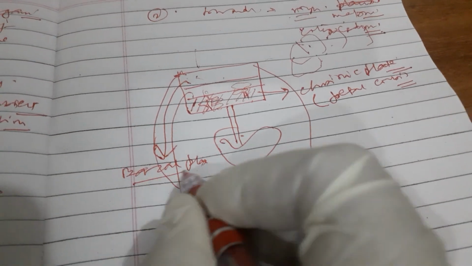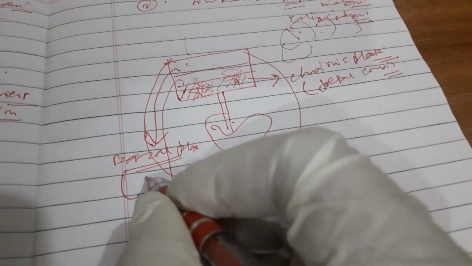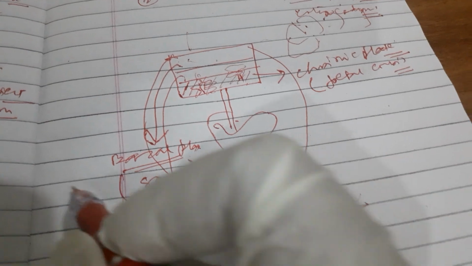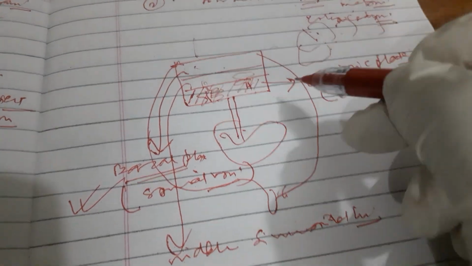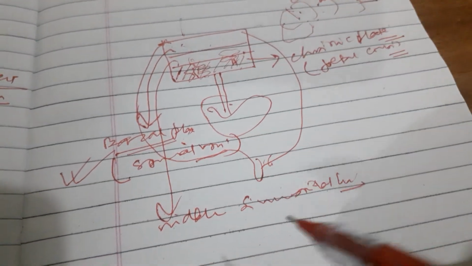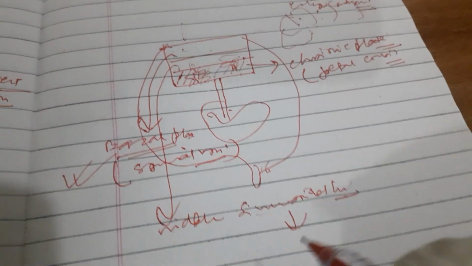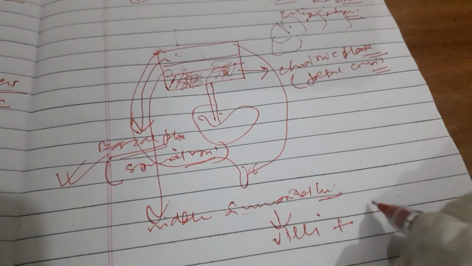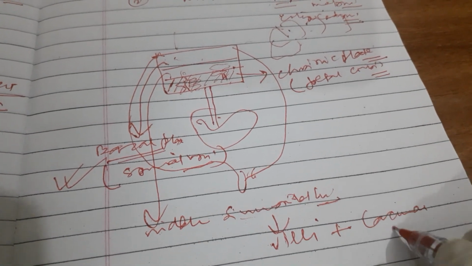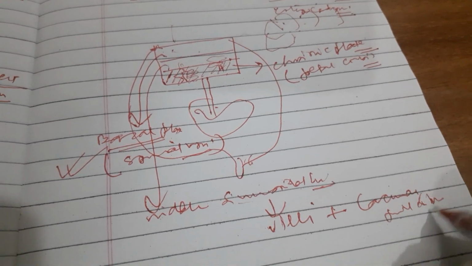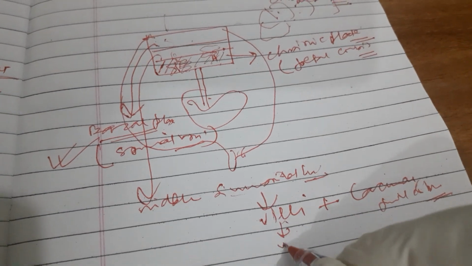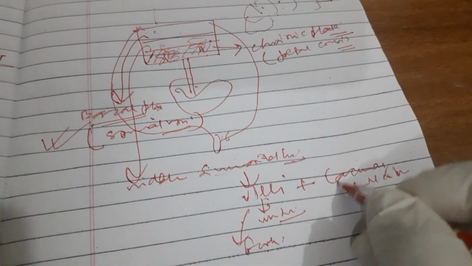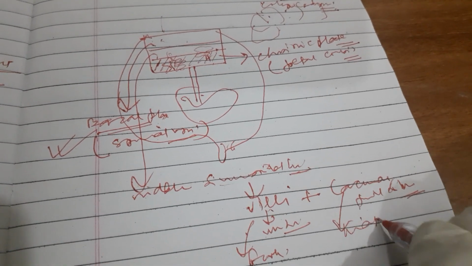This basal plate contains spiral vessels, which is solely a maternal contribution, and in the middle this is sinusoid, which comprises the villi plus lacunae full of blood, villi containing umbilical vessel, this is the fetal contribution, and lacunae with blood, this is the maternal contribution.